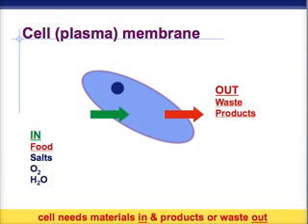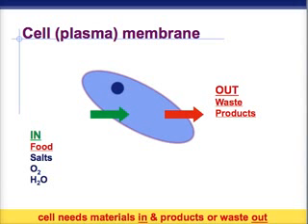All cells need an inside and an outside, which is the purpose of the cell or the plasma membrane. It allows it to separate the cell from its environment. So it is the boundary around the cell. It allows things to get in, such as food, like sugars, proteins, and fats, and other materials like salts, oxygen, and water.